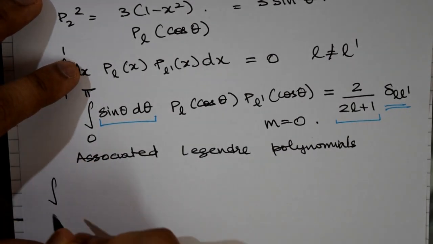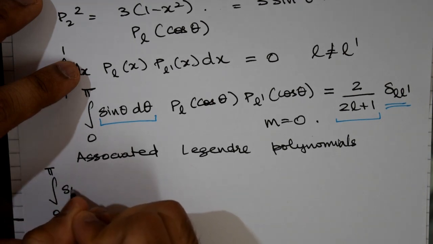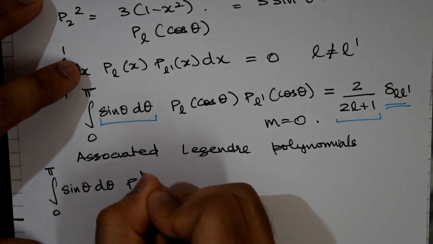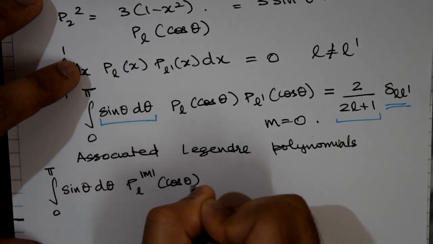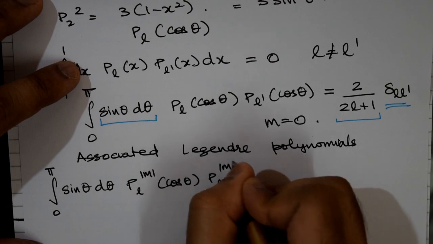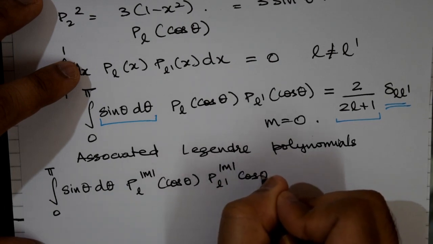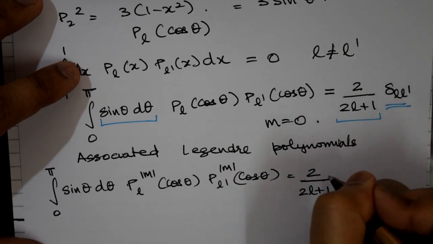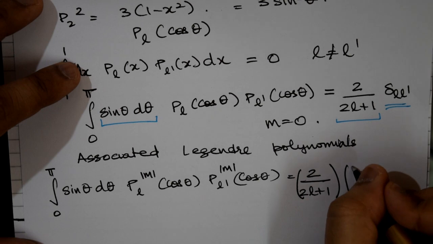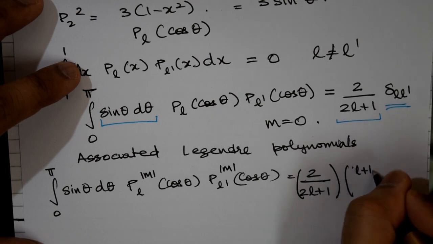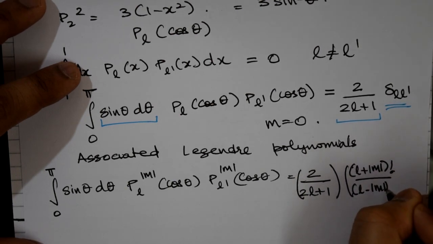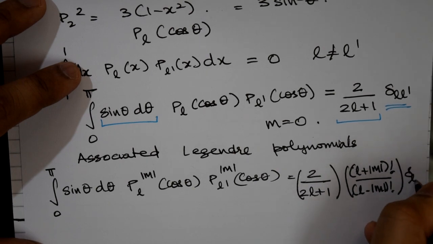Integral 0 to pi sin theta d theta, it's the integrand that ends up coming. That is going to be equal to P L mod m of cos theta, P L prime mod m of cos theta, will be equal to 2 over 2L plus 1, which we are just merely borrowing from there, L plus mod m, the whole factorial, divided by L minus mod m, the whole factorial, of course with delta L L prime.